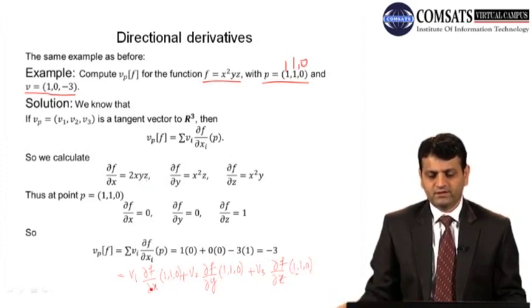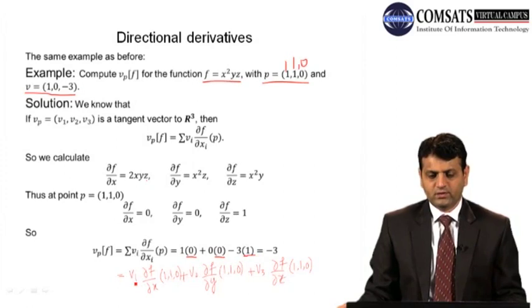And what is partial f by partial x? It's 0, which is here. What is partial f by partial y? It's once again 0, it's written over here. What is partial f by partial z? It's 1, which is written over here.